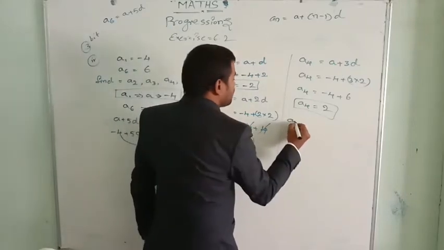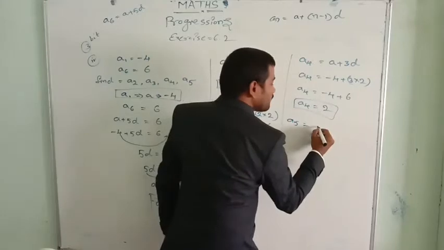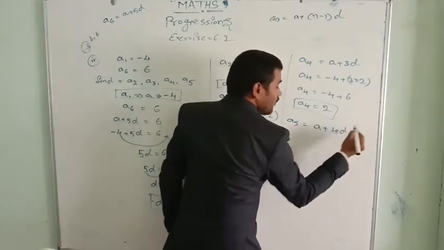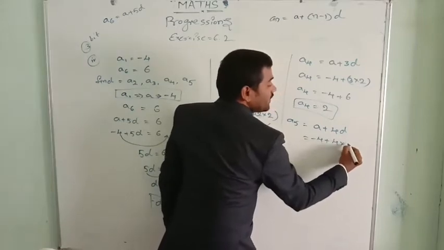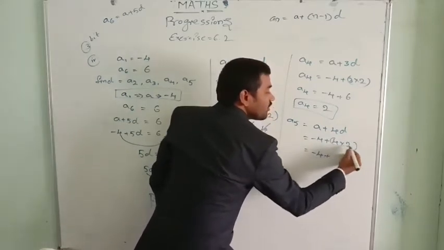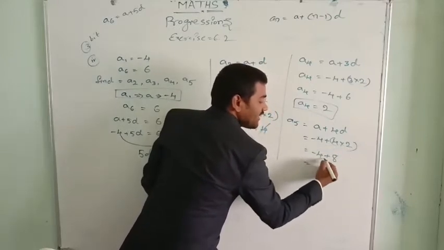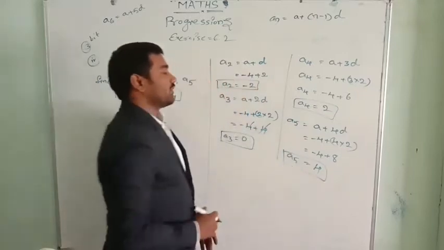Then A5, the last one, we need to find. A5 equals A plus 4D, so minus 4 plus 4 into 2, which is 8. 8 minus 4 is 4. Hence A5 equals 4.